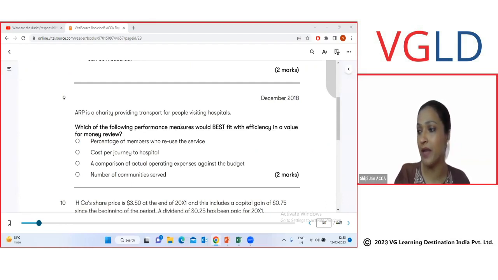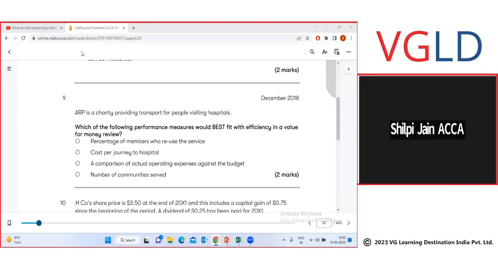So quickly pour in your answers for question number 9. Remember, what is efficiency? Maximum output using the minimum input.